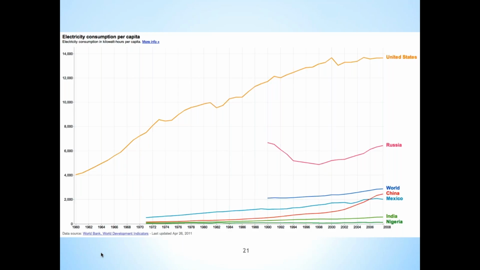Remember, they were among the large consumers of electricity, but per person, given their population density and the amount of electricity they use, when you divide the latter by the former, they don't use very much electricity per capita. In the United States we use 14,000 kilowatt hours per person per year, and China is basically an order of magnitude less than that.